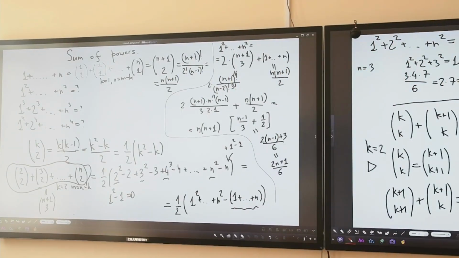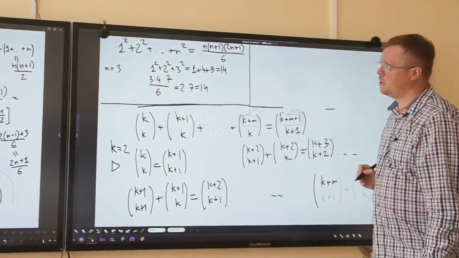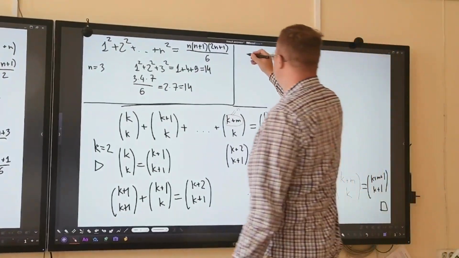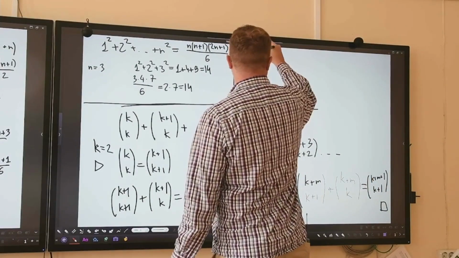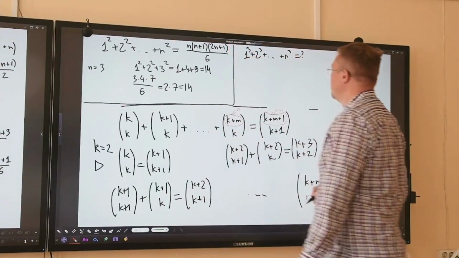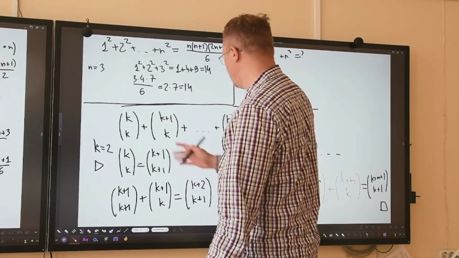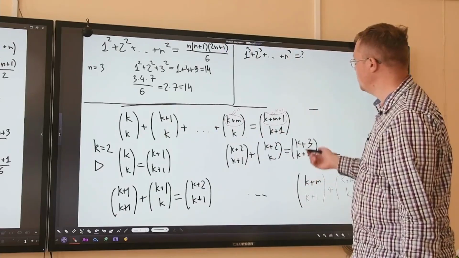So we can try to do the same for the cubes. So how can we find it? We use this identity for k equal to 3.